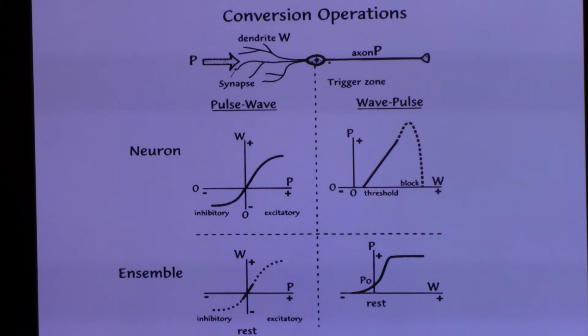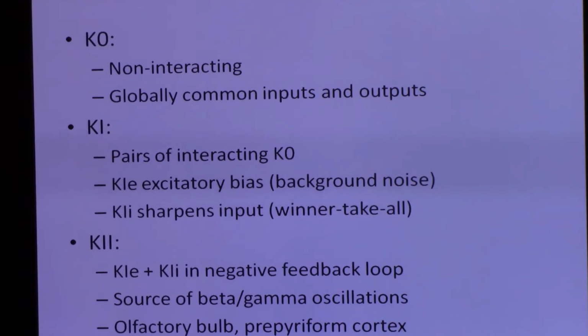So these input-output relations are the basis. This nonlinearity that occurs at the ensemble level is the theoretical basis, and I don't fully understand this, but it's the basis for creating the K-sets from K0 on up. Now, what K0 is, it's a single neuron or a set of neurons that are not interacting, that have globally common inputs and outputs.